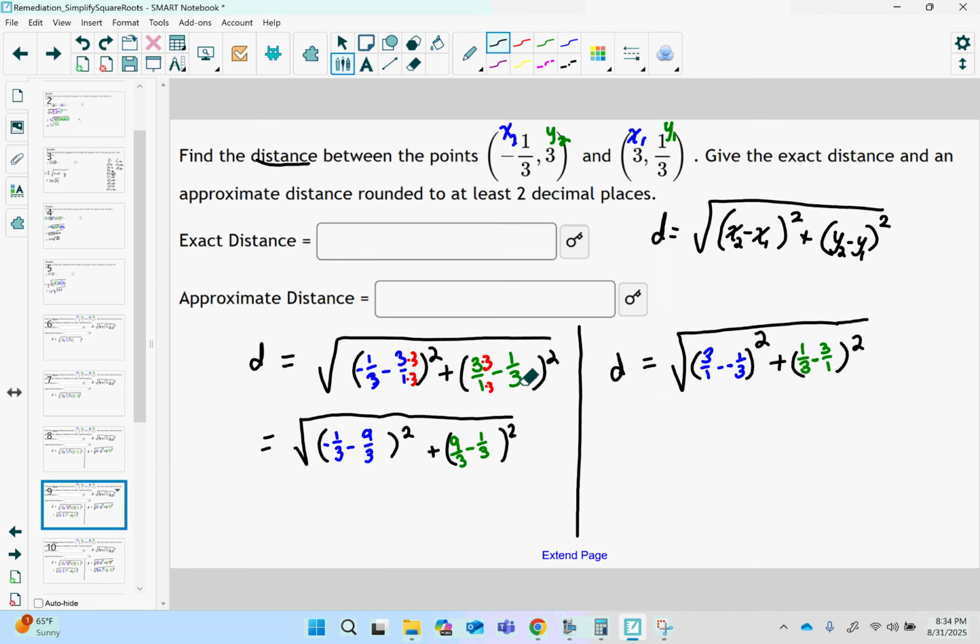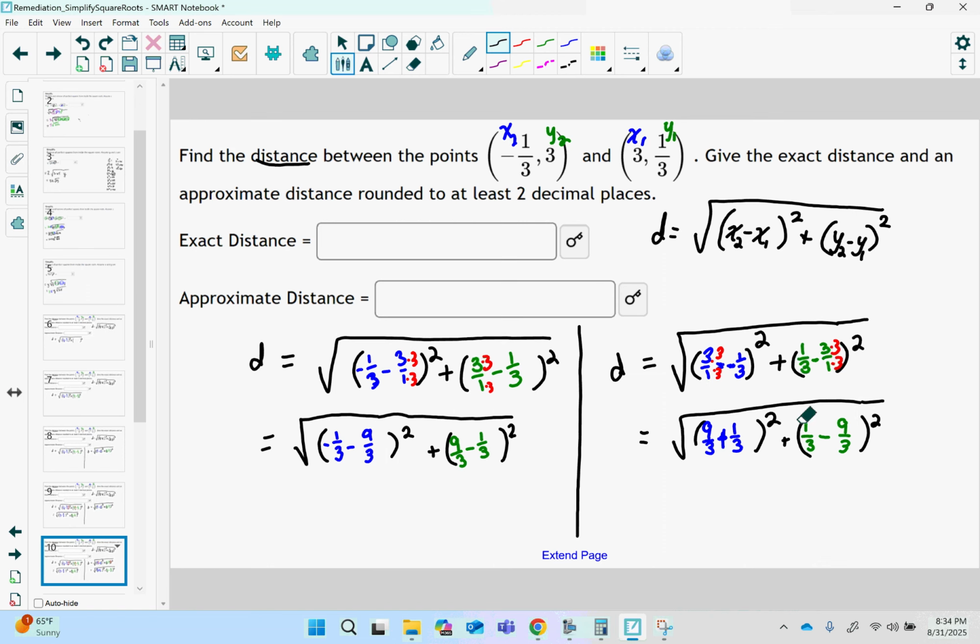I'm doing the same thing with the y values, multiplying the 3 that's over 1 times 3 over 3 to get 9 over 3, and then minus the 1/3. Okay, next. Do that to the other version of this distance formula. Similarly, right, just keeping track of the signs.